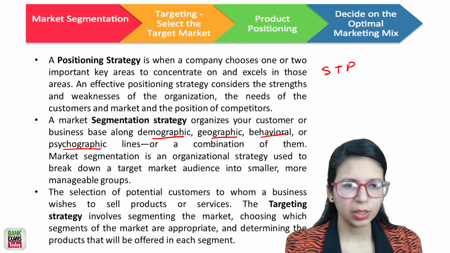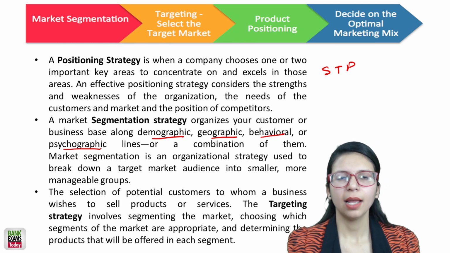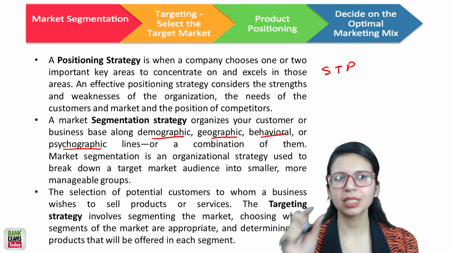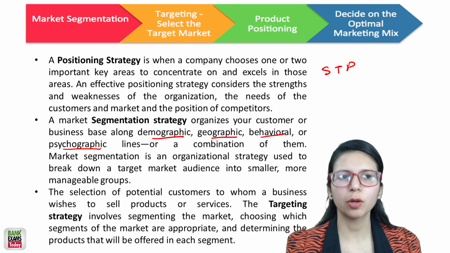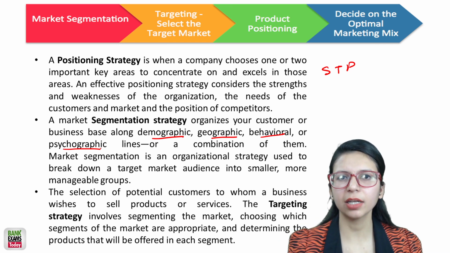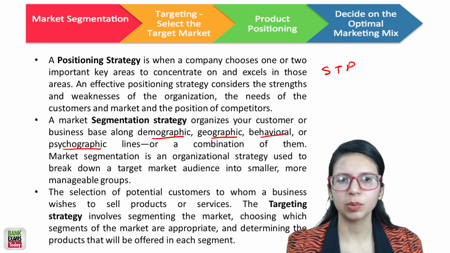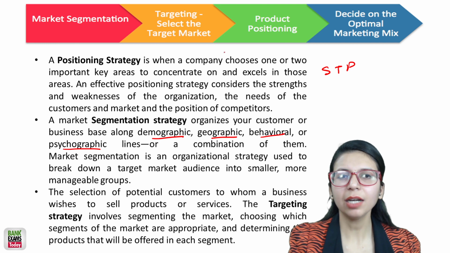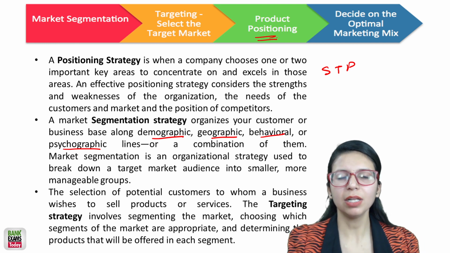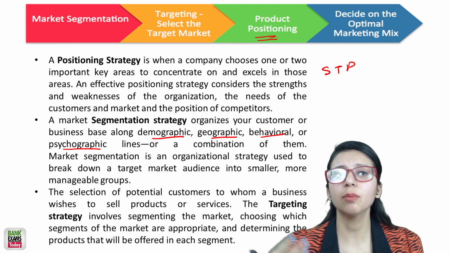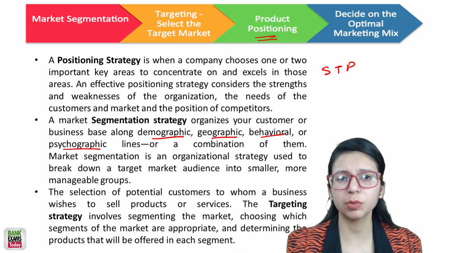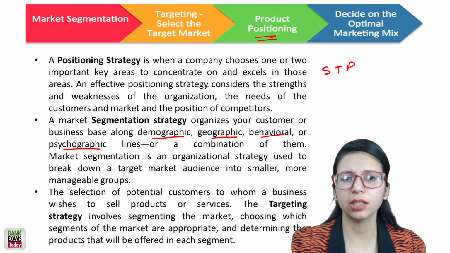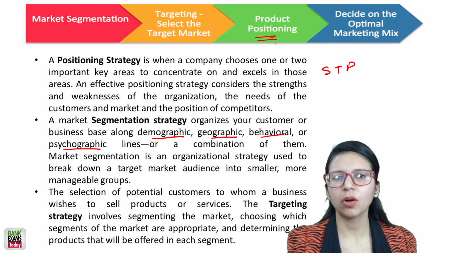So like that you will segment your market, and then out of that, you will target a particular group or segment of the market for which you're going to launch some particular product or service. And then that product or service will create the impression in the mind of the customers, that is your target audience.